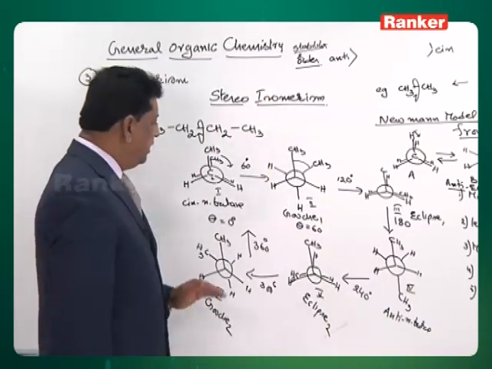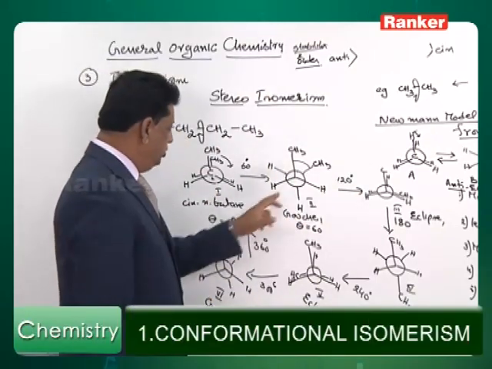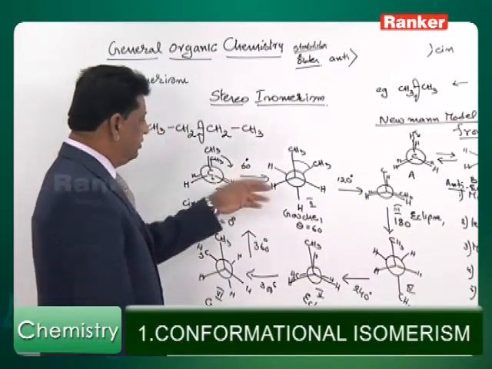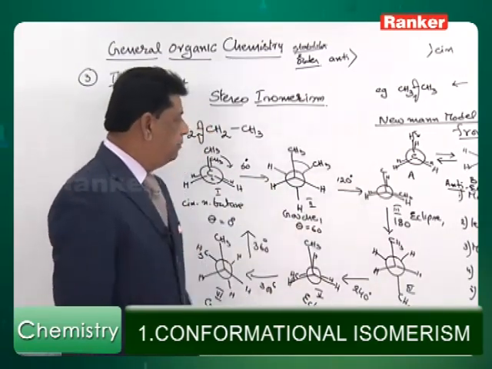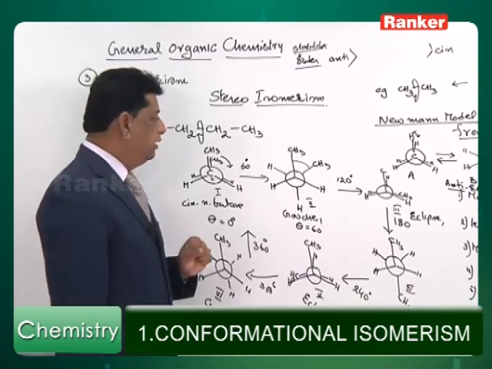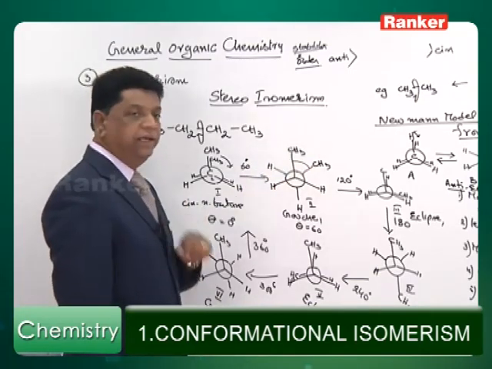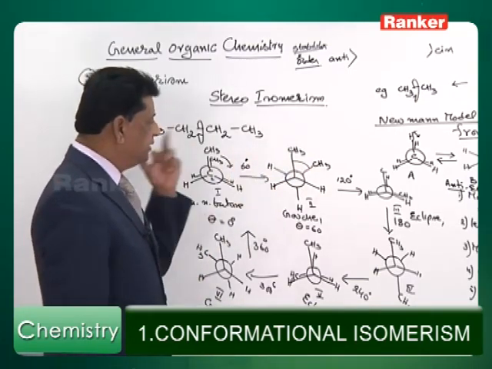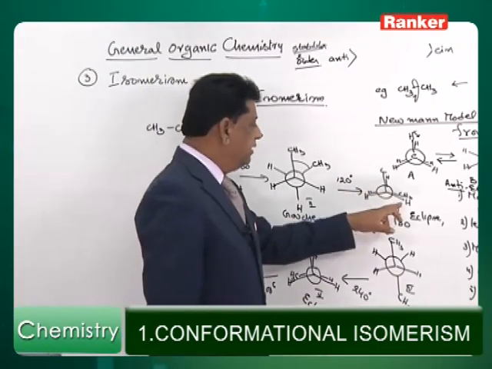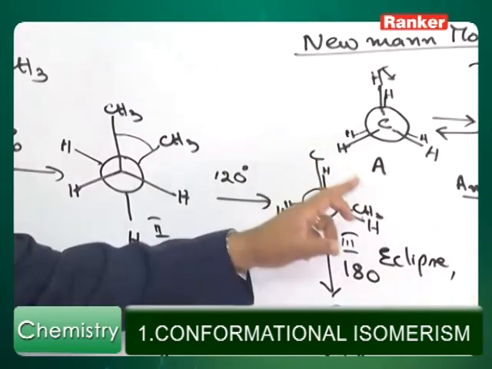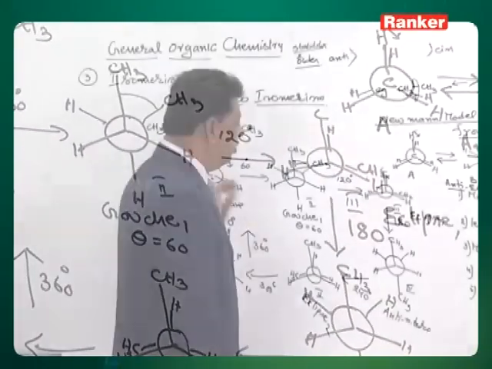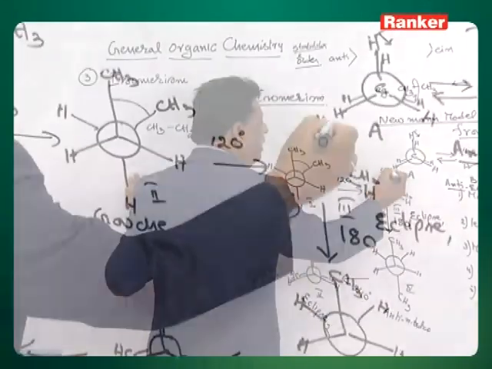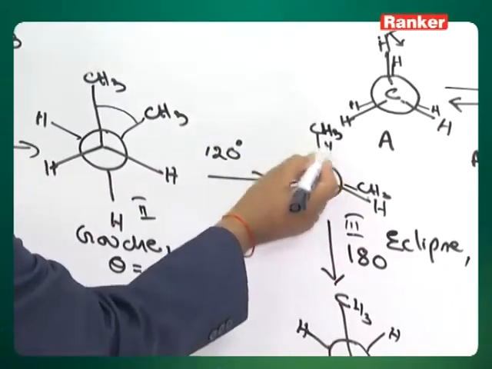The least stable is syn, and in between are these Gauche conformers. Two Gauches are identical, almost, left side and right side. Two eclipses are identical. But out of Gauche and eclipse, each one has one better point. They are separated here, one point, therefore repulsion will be less. Here they are separated much more, so a better point. But hydrogen and methyl are crowded, so they have one minus point. What is that? Crowding, methyl and hydrogen.